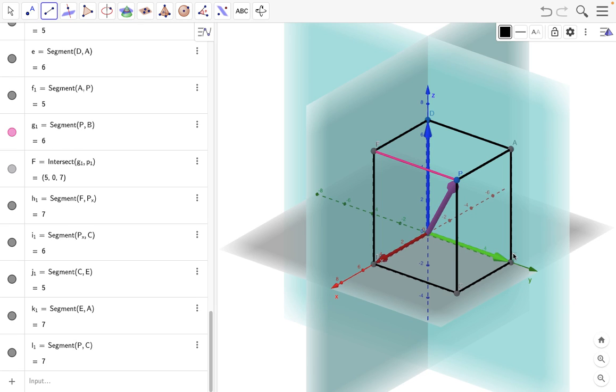All these sides, 1, 2, 3 and 4, are equal to the y component, and this one, 1, 2, 3 and 4, are equal to the z component. So I guess you have understood this. Okay. So, thank you for watching.